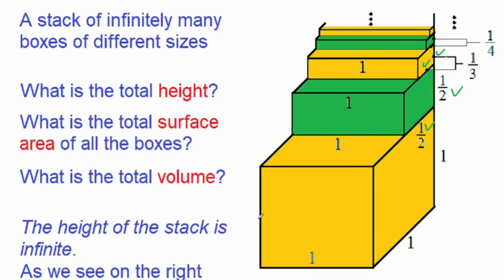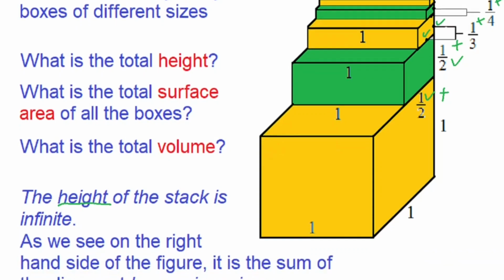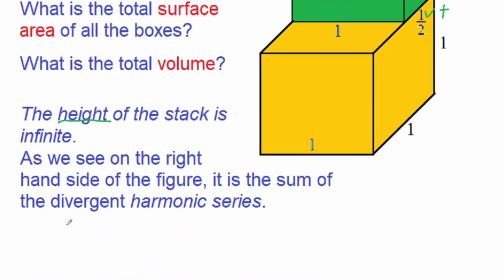Starting with the height of the stack, notice that it is simply the sum of the lengths 1 plus 1/2, then plus 1/3, and then plus 1/4, and then 1/5, etc. And basically that gives us a so-called harmonic series, which is very familiar: 1 plus 1/2 plus 1/3 plus 1/4, and so on, infinitely many terms.